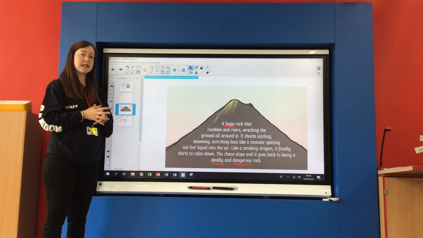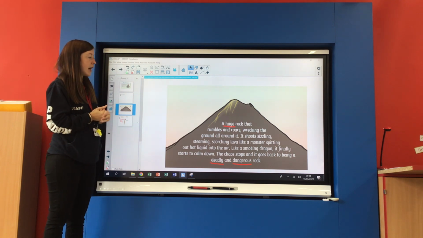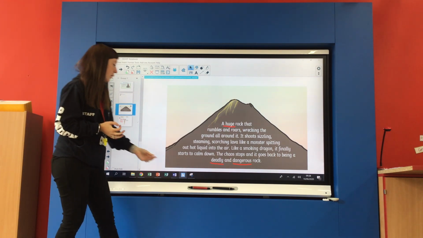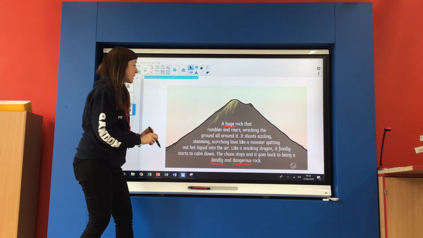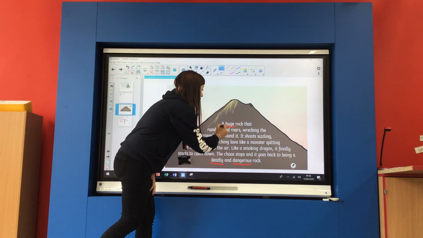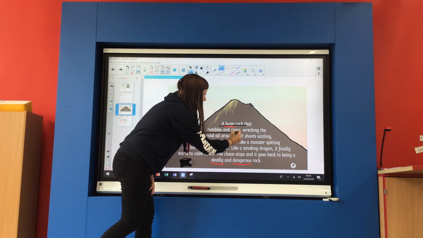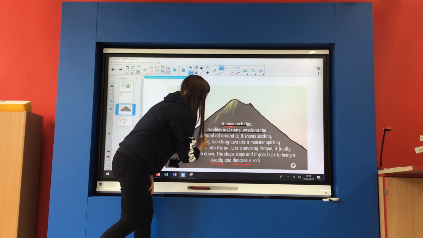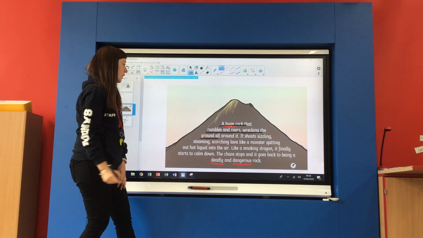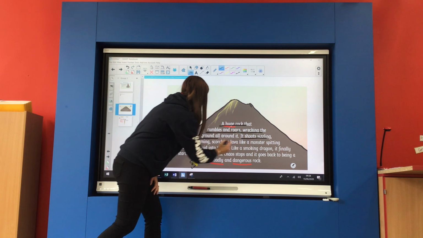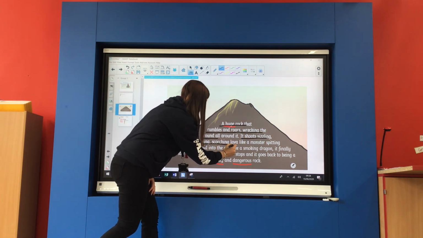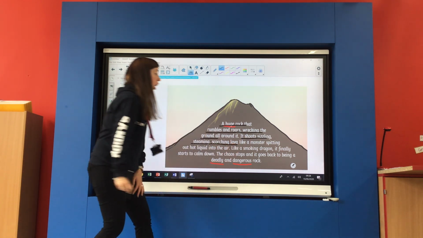So can I find any sentences that have been used there to describe the volcano? So one sentence is that a huge rock that rumbles and roars, wrecking the ground. It shoots out sizzling, scorching, steaming lava.